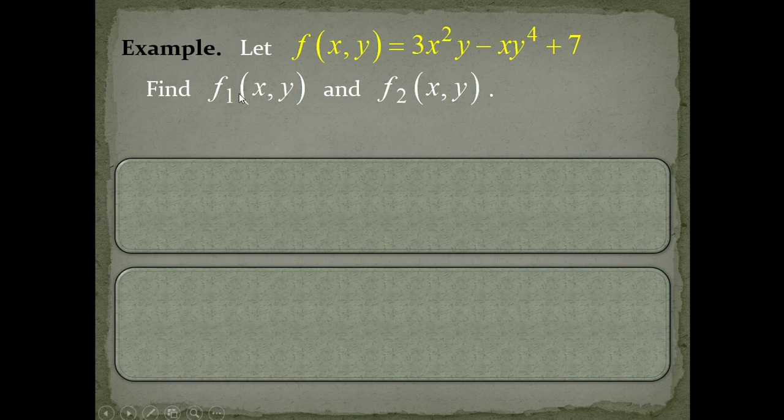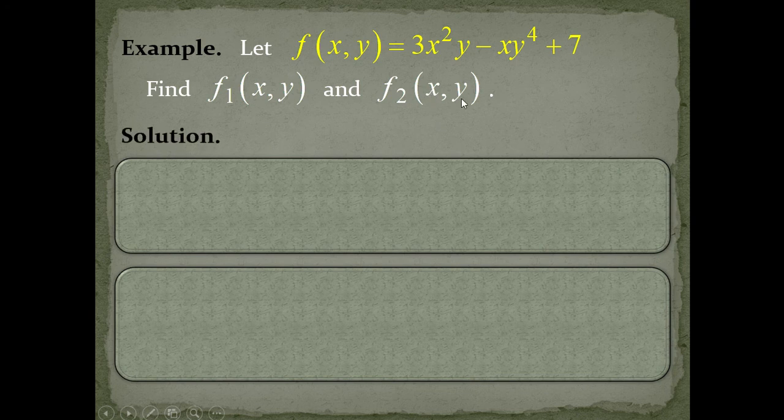So 1 corresponds to x, 2 corresponds to y. It means that for f2 we take the partial derivative with respect to y. So 1 means we are differentiating partially with respect to x, and 2 indicates we are differentiating partially with respect to y.